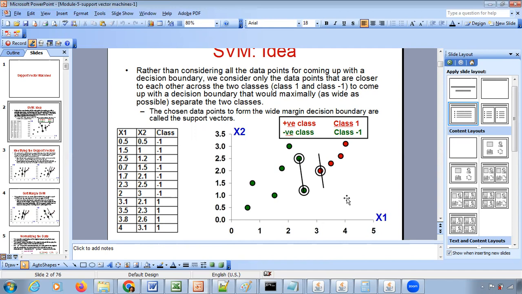So you cannot just arbitrarily connect them. The support vectors also need to be chosen in such a way that the support vectors in a class can be connected using a line that is parallel to the line connecting the support vectors in the other class.